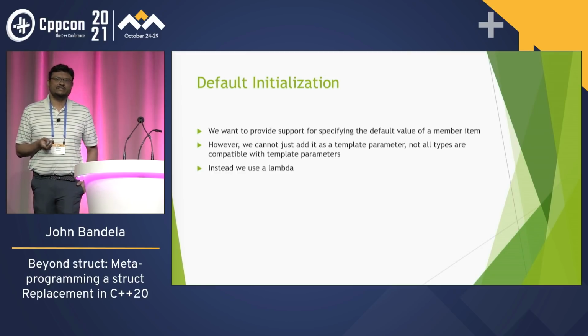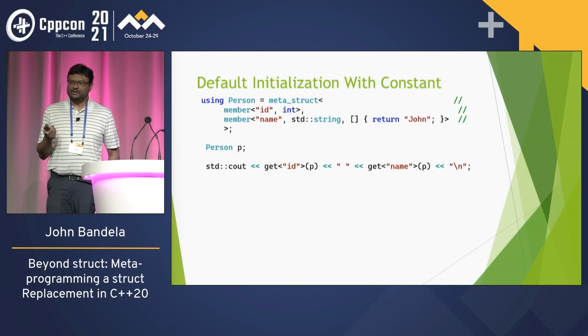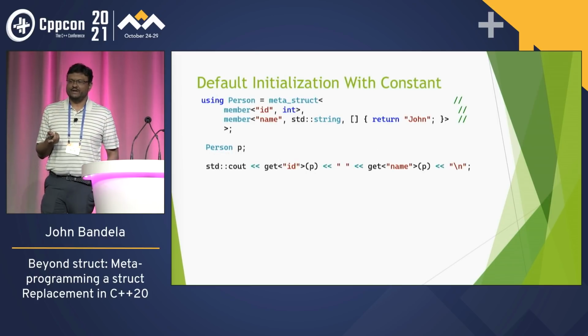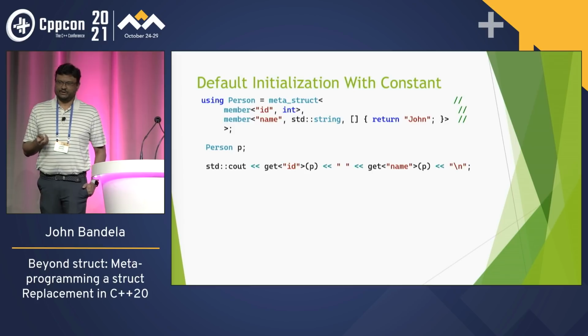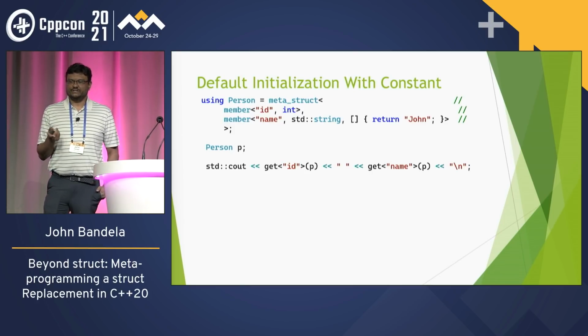So what we can do in C++20 is actually use a lambda there. So for person, we can say name, the default value is John, return John. So the lambda can be passed in, and then we can return any value that we want out of it. So we return John, that's our default value, and then for person, the name will be John and the ID will be, in this case, 0.